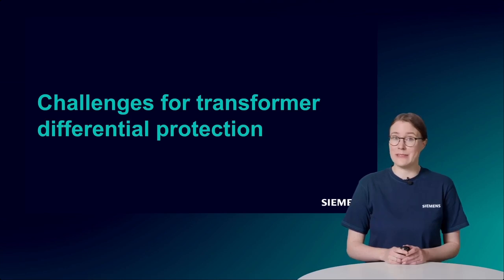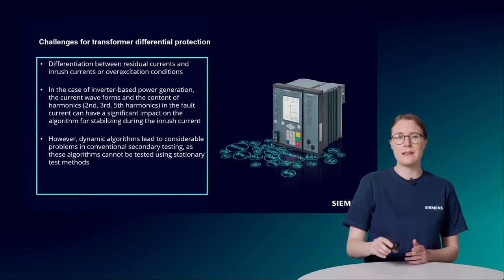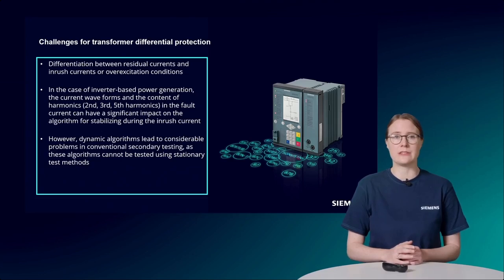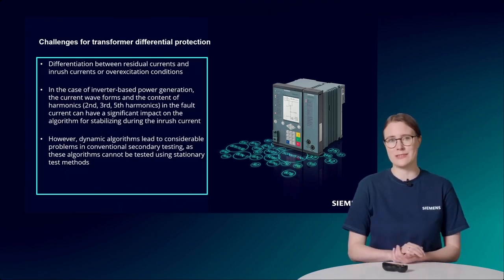Okay, so we know transformer differential protection, and therefore the testing of transformer differential protection, is not always easy. Why? What are the challenges for a transformer protection relay? The key challenge is the need to accurately differentiate between various conditions, for example, a transformer inrush, an overexcitation state, as well as internal versus external fault conditions.